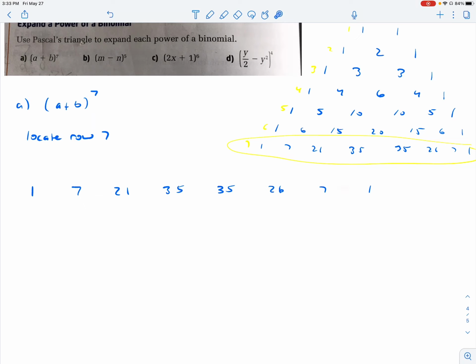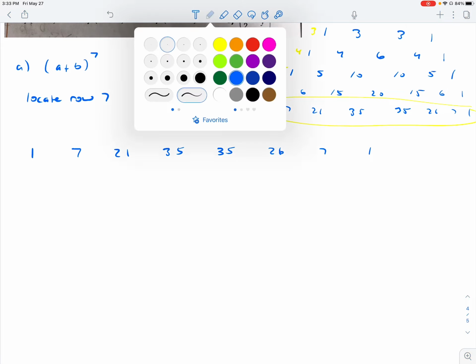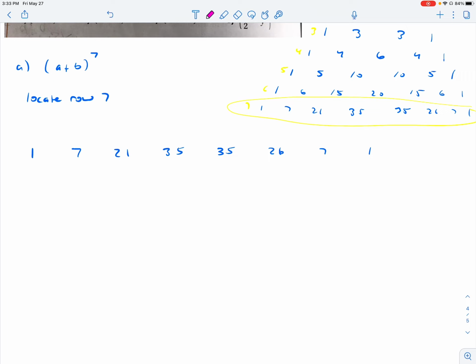Okay. And then right underneath this, I take whatever my first term is in the binomial. My first term in the binomial is a. So I'm going to write that down underneath, and I just write it out underneath every number.